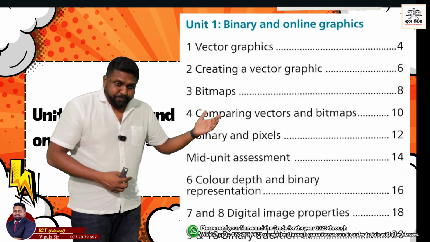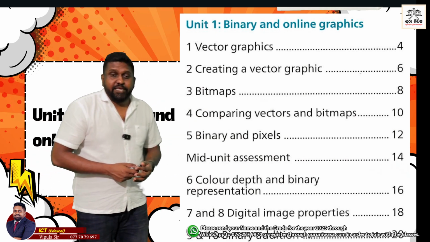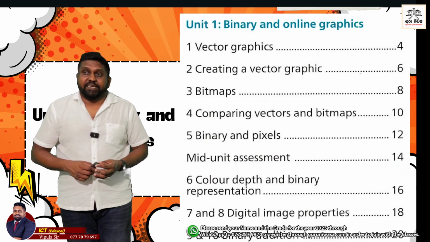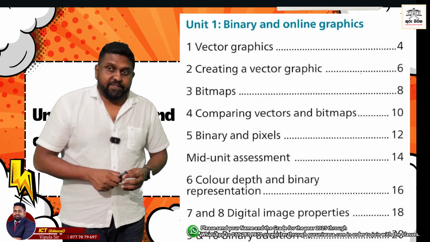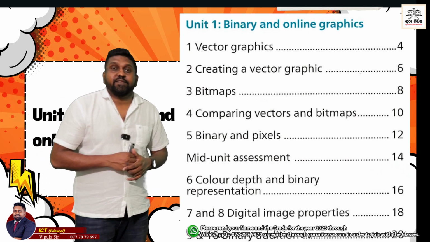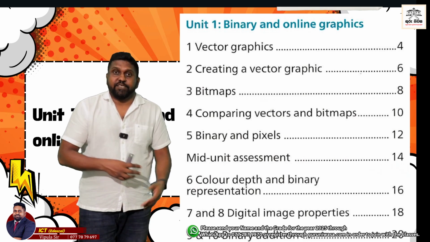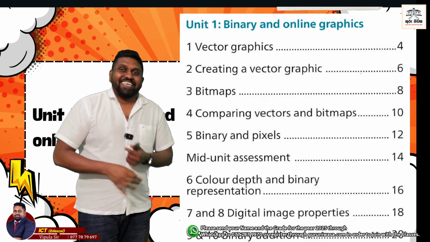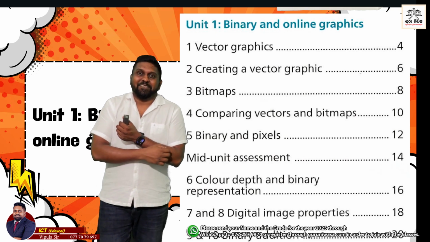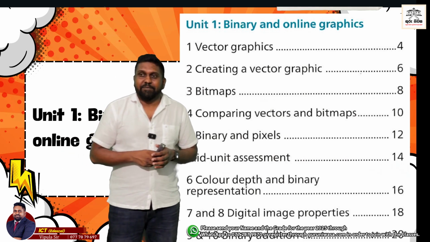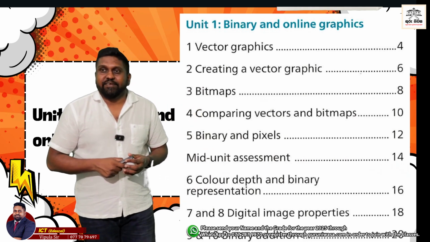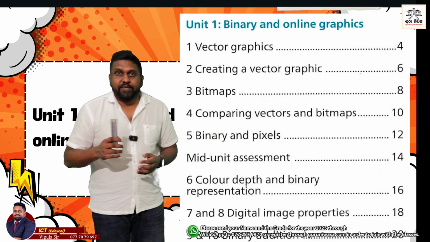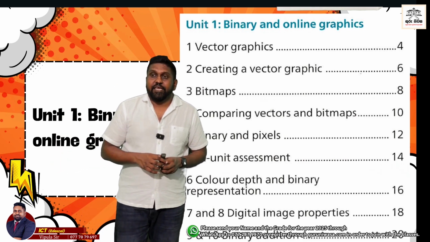Primarily we talk about binary and online graphics. This is a module which is questioned until advanced levels. The typical questions about pixels, bitmaps and creating vector graphics are heavily questioned.